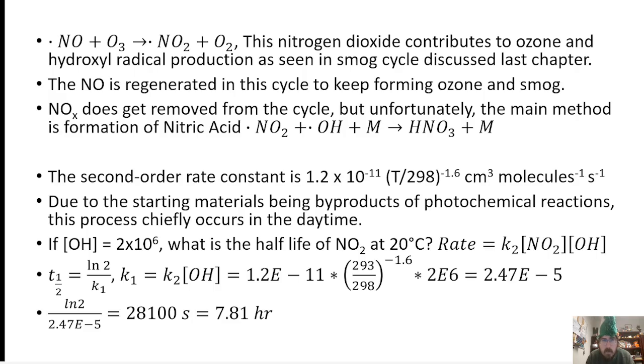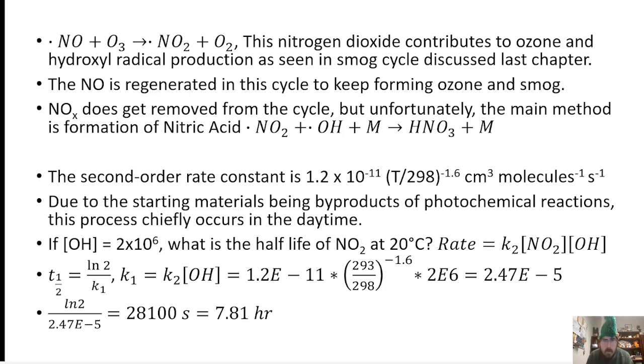Now, due to the starting materials, NO2 and OH being byproducts of photochemical reactions, they get used up and go in there. This process will occur chiefly in daytime. So this OH radical and NO2 radical reaction occurs at the daytime. So hypothetically, what would the half-life of NO2 be at 20 degrees Celsius?